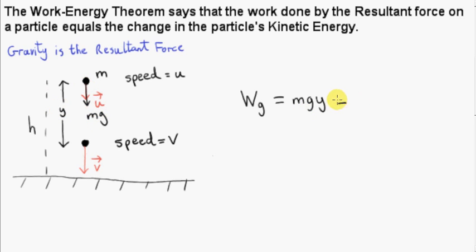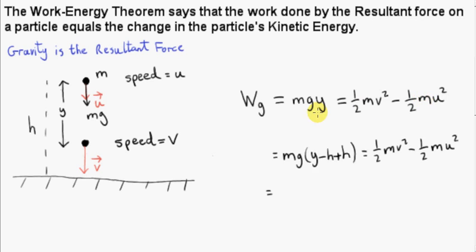And that's equal to the change in the kinetic energy of the particle. So we get the kinetic energy at the end of the motion, which is half the mass times the speed squared, minus the initial kinetic energy at the start, which is half the mass times the initial speed squared. So it's always final minus initial kinetic energy.